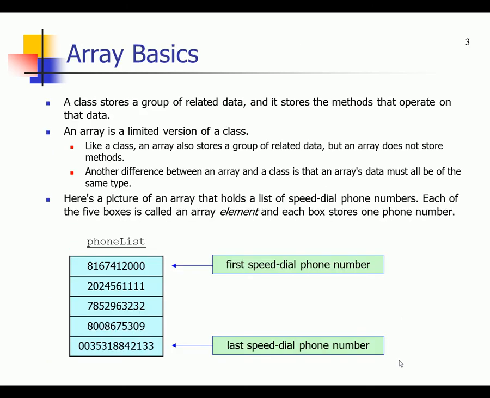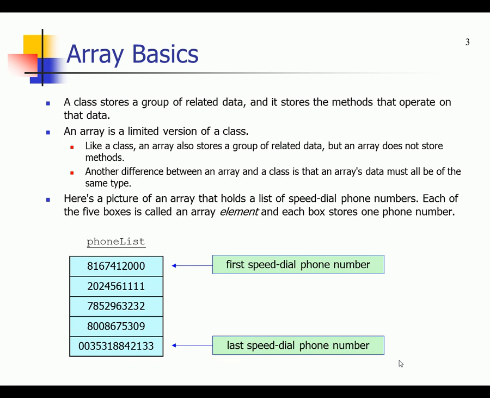Okay, arrays. First of all, an array is a way of storing multiple items under one name, which is kind of nice. A class stores a group of related data. That's very important. So if I have an array of integers, that's all it can store. It can't store integers and strings.